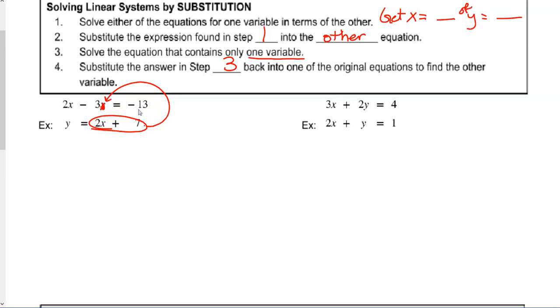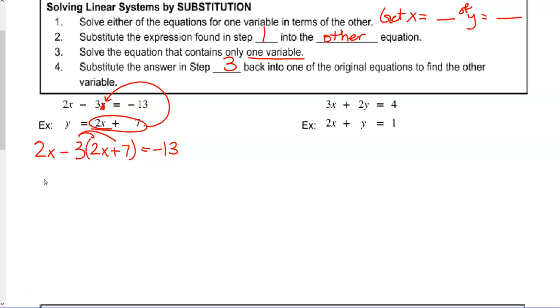I'm going to rewrite the second equation, taking out the variable that I have solved for and inputting the expression that it is equal to, 2x plus 7. We are substituting that in, and that has to equal negative 13. So what we are left with is an equation that only has one variable, the x's. So it's going to be a linear equation that I can solve.